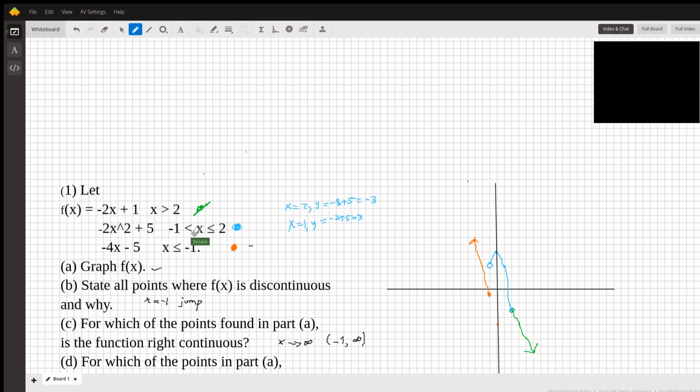And then let me erase this because it doesn't help anything. And then when you're coming in from the left side, you're going to hit up against this orange line, and then you're going to slide down to here. So this is from x equals negative infinity to -1.